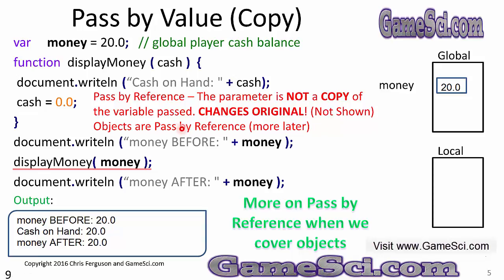Objects are passed by reference. We'll do more on this later when we get to objects. There's no sense showing you pass by reference until we get to objects. For now, keep in mind that simple data types like ints, chars, and doubles are passed by value. The parameter is a copy of the variable passed. And we'll do more on pass by reference when we cover objects.